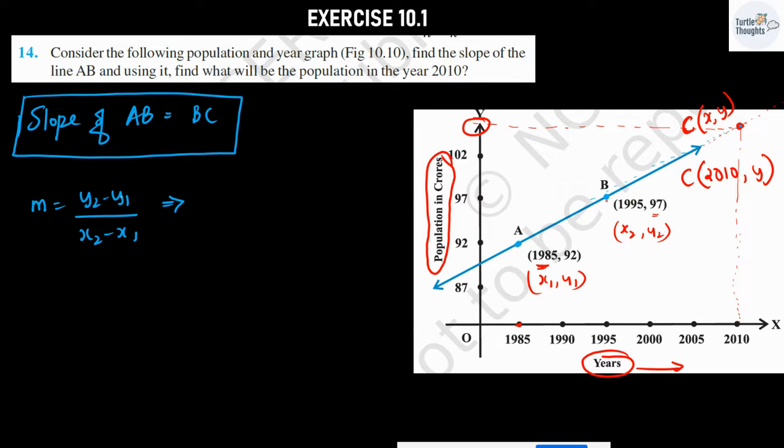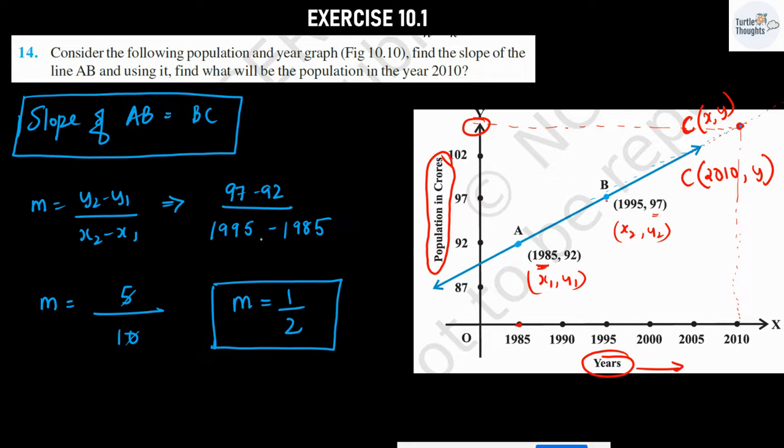Y2 minus y1 is going to be 97 minus 92, divided by x2 minus x1, which is 1995 minus 1985. Upon solving, m is equal to 5 over 10. Upon cancelling, I get m as 1 over 2. So the slope of line AB is 1 over 2.